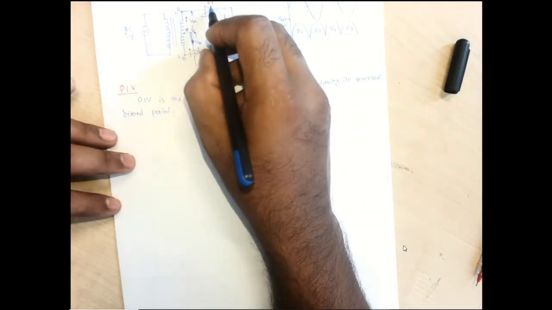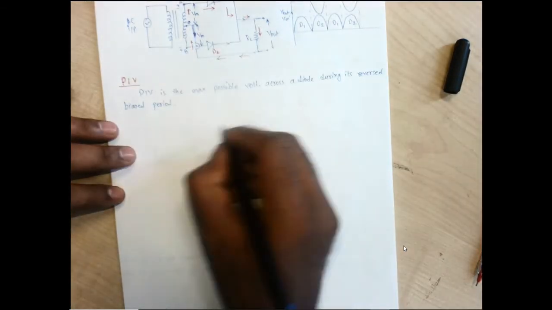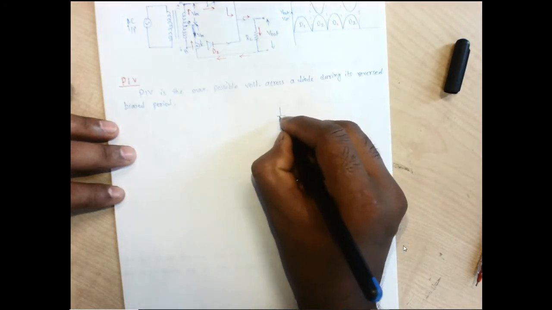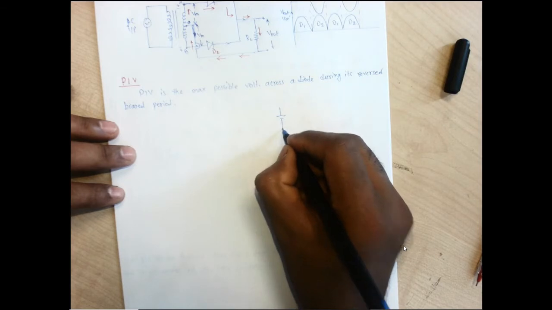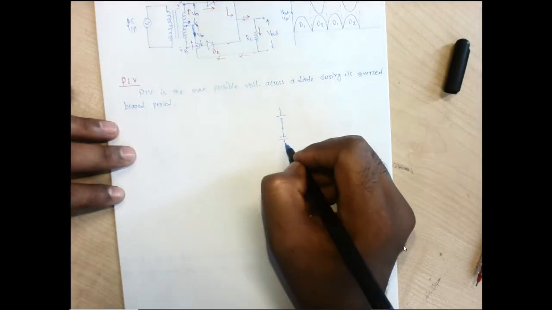If we simplify this circuit, let us consider we are having two supplies. One Vm has been connected here, this is the tapping point, then another Vm has been connected like this, because once one is positive, the other will be negative.